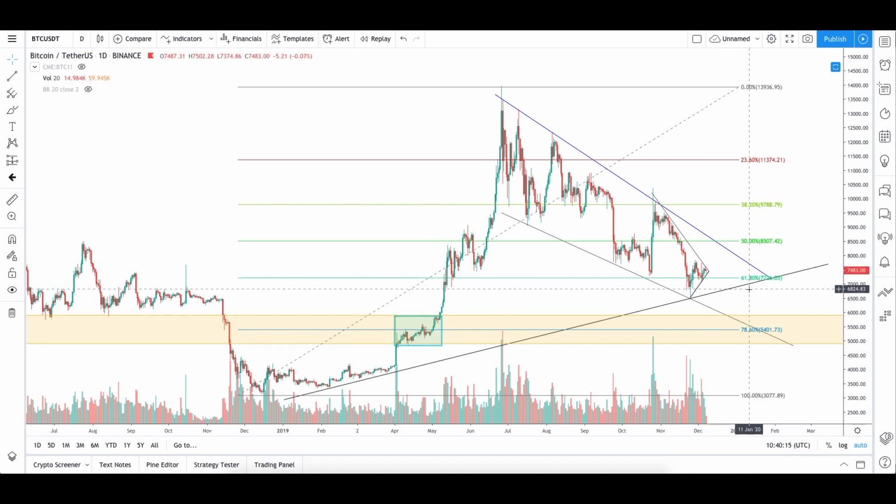However, what is good here? First of all, you may notice that the bottom part of this channel is intersecting with this support line, which starts from February, March, April 2019, and we have this intersection at $6,500 exactly where this candle has the lowest point. This is very similar to what happened over here.